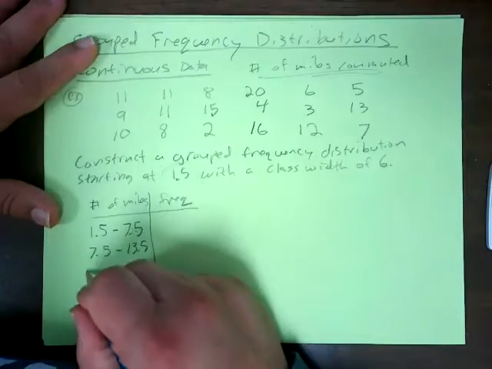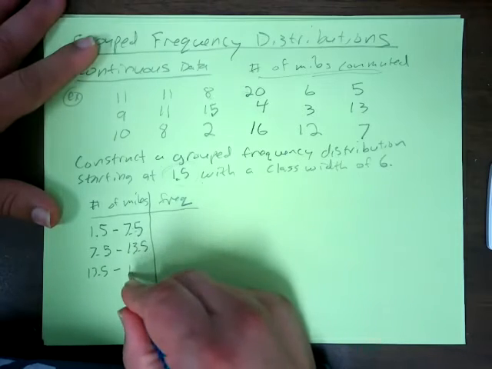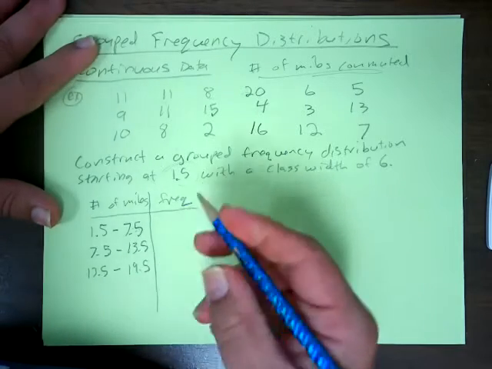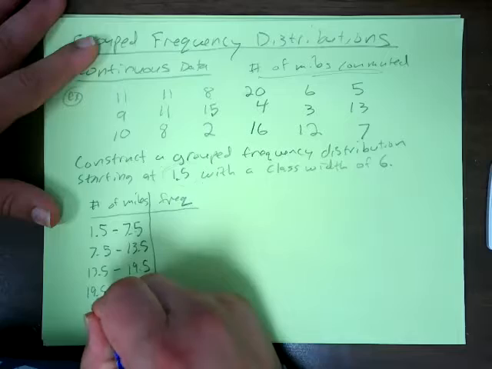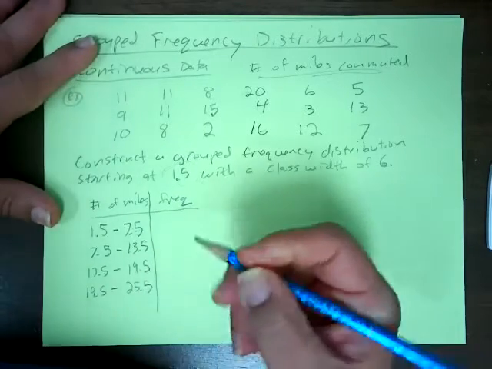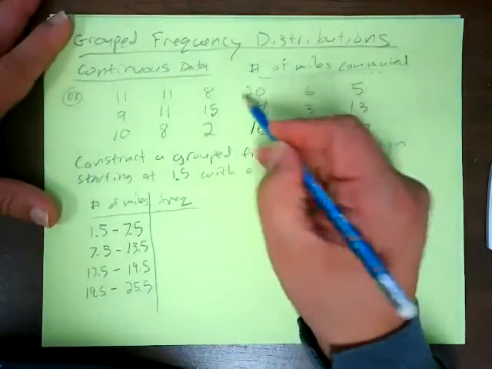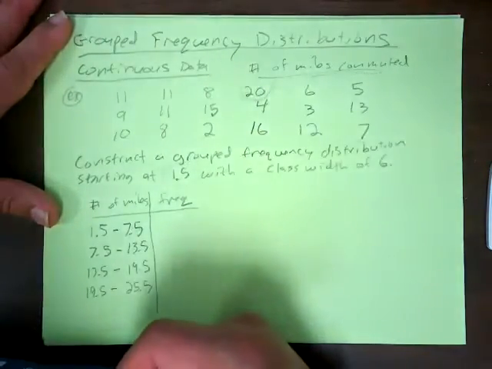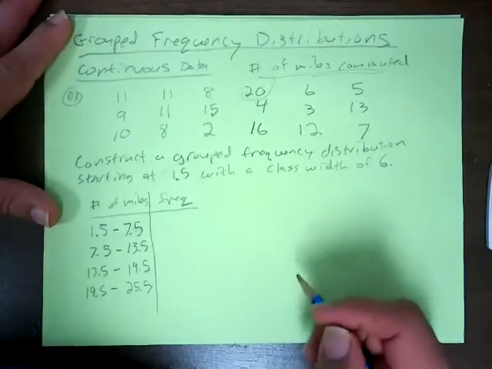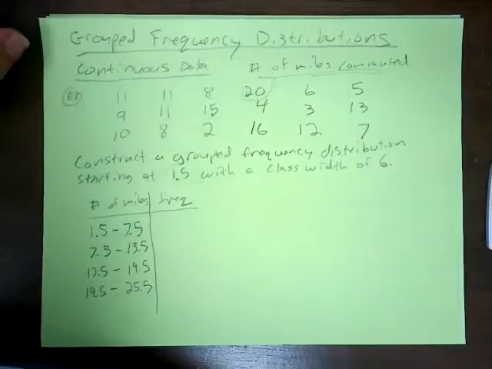Now this is 13.5, and then add 6, I get 19.5. I add 6 again, and I get 25.5. And I can stop here because it looks like the maximum value here is 20, and that'll belong in the last class. So in this example, I have only 4 classes.